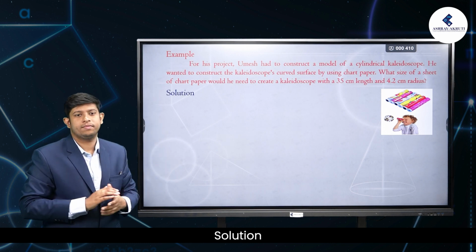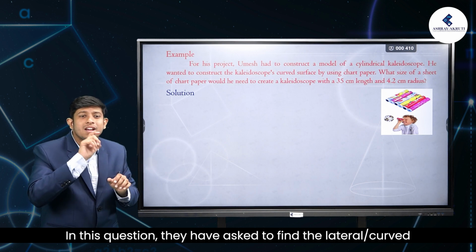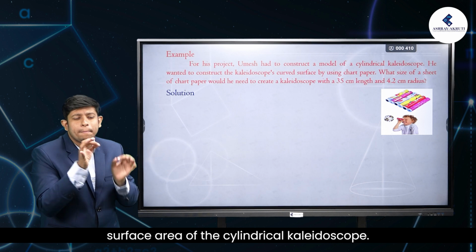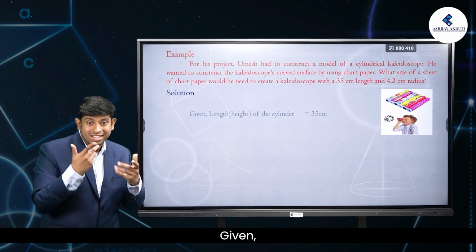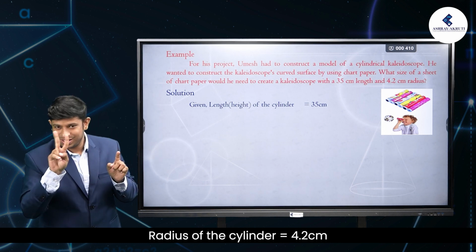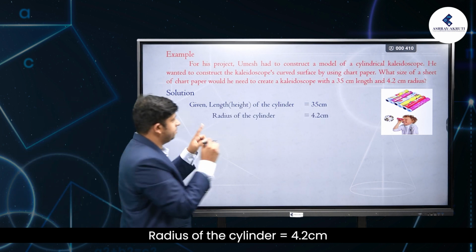Solution. In this question, they have asked to find the lateral curved surface area of the cylindrical kaleidoscope. Given, length of the cylinder is equal to 35 cm, radius of the cylinder is equal to 4.2 cm.